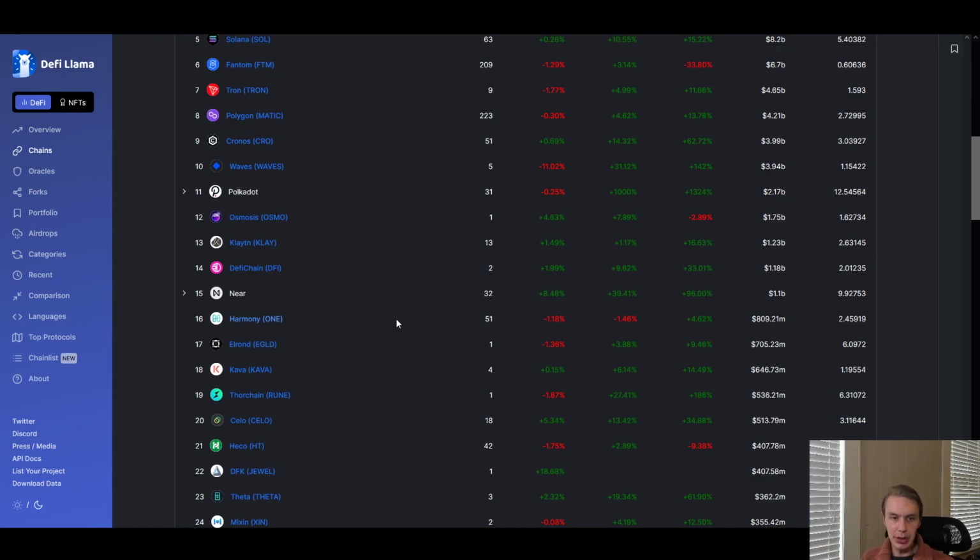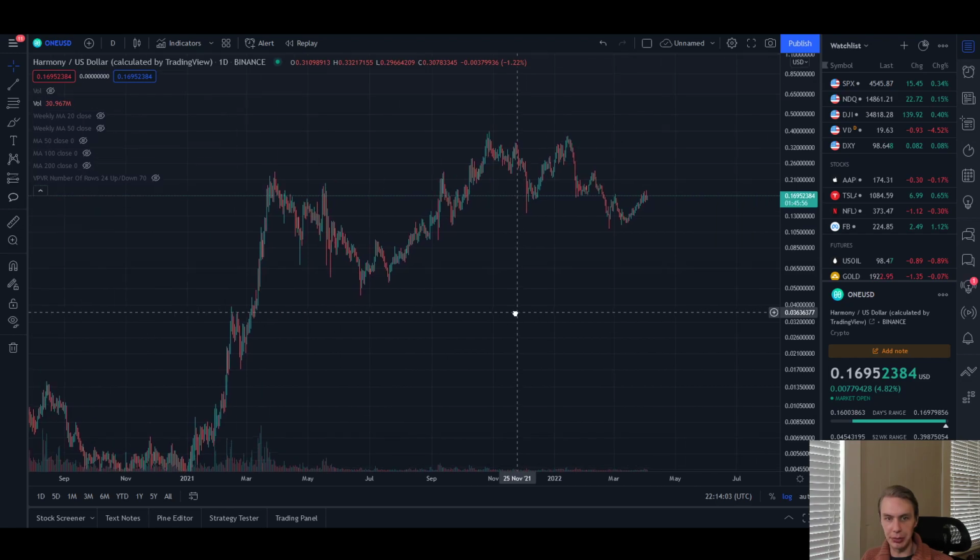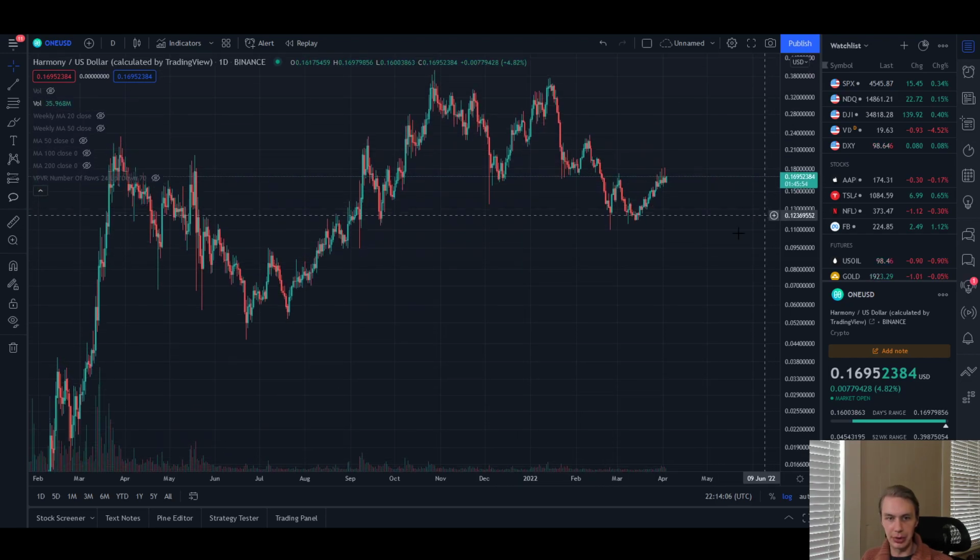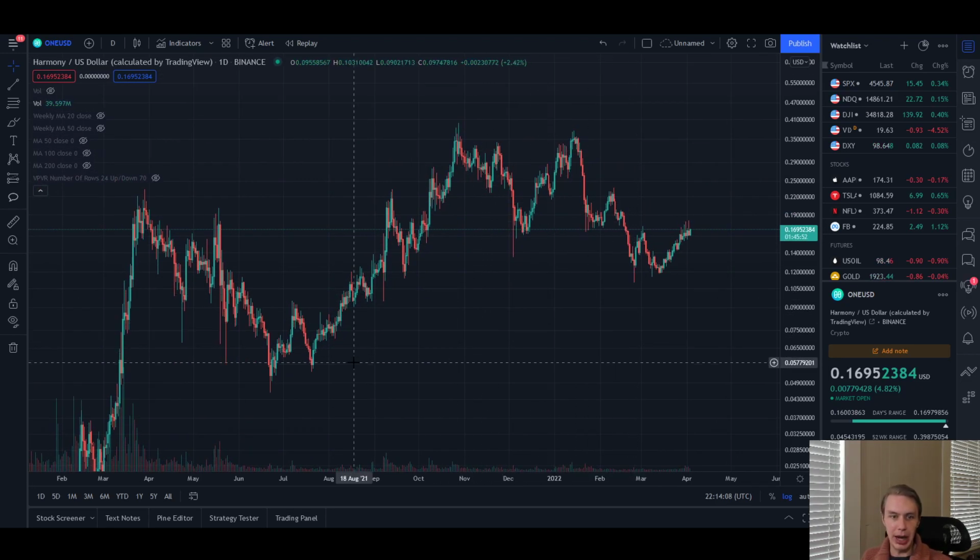So if we're just thinking about Harmony overall, flipping over to the price levels here, Harmony's not been doing badly, especially out of the summer, right? We're still sitting well above the levels we were at in the summer, even though we did correct down a little bit more deeply more recently. But I don't see any special reason for concern there.